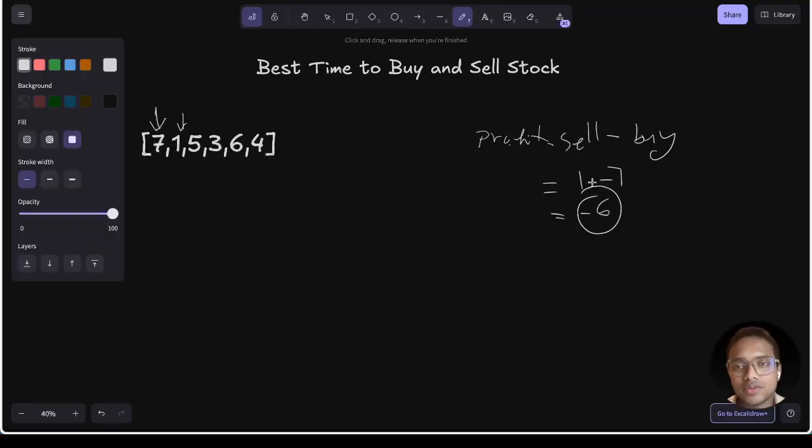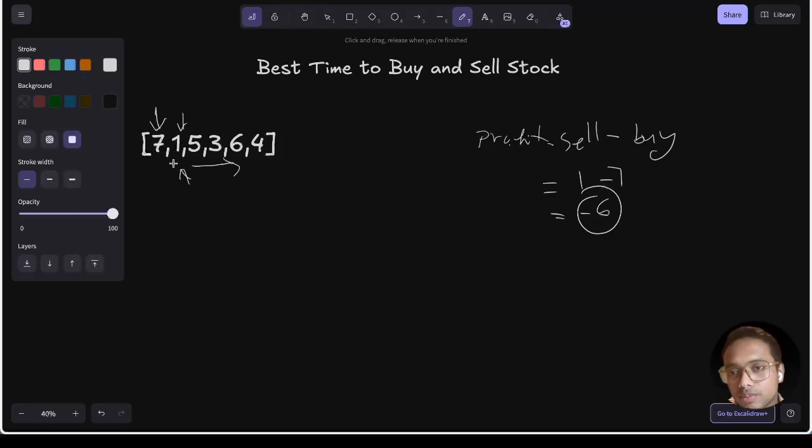So here all you have to do is find the minimum number to buy the stock and the maximum number in the rest of the array to sell the stock, to maximize your profit.